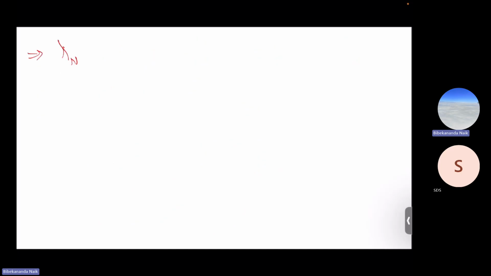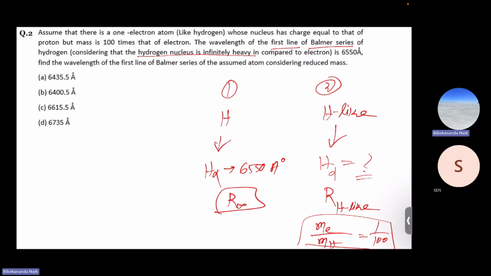Lambda n will be 101 divided by 100 into 6550. If you solve it, it will be 6615.5 Armstrong. So the correct option will be 6615.5 Armstrong. Is it clear to you?